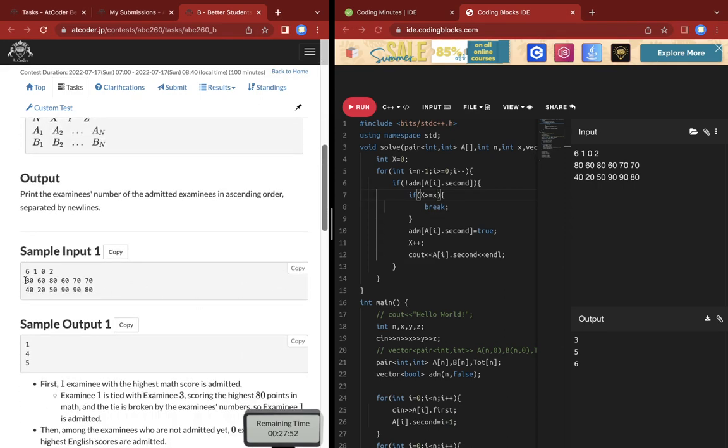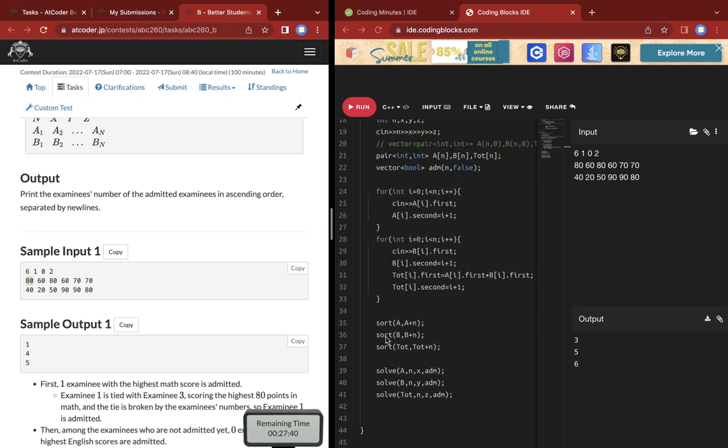This says that the third one has the highest score. Oh, okay. I need to write my custom sort function, I guess.